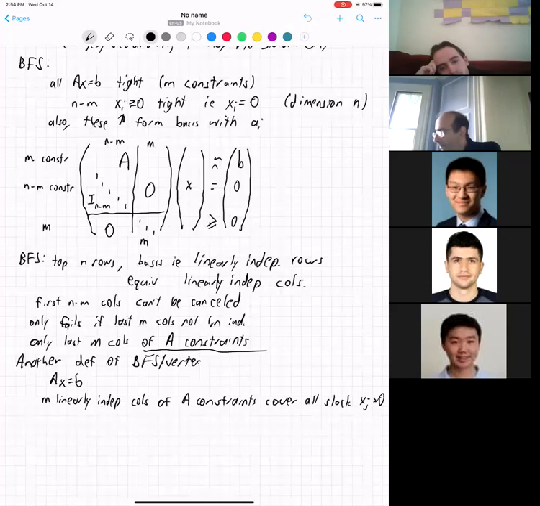So at one point, you're saying that the m columns of A are linearly independent, and so are the n minus m other columns, because they include the identity submatrix. Correct. But why is there not a combination of all of them which becomes 0?